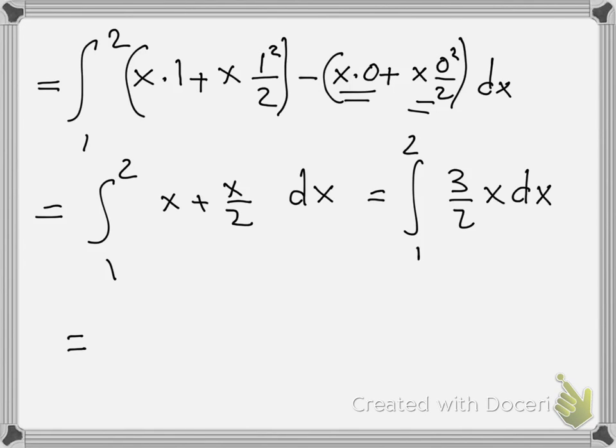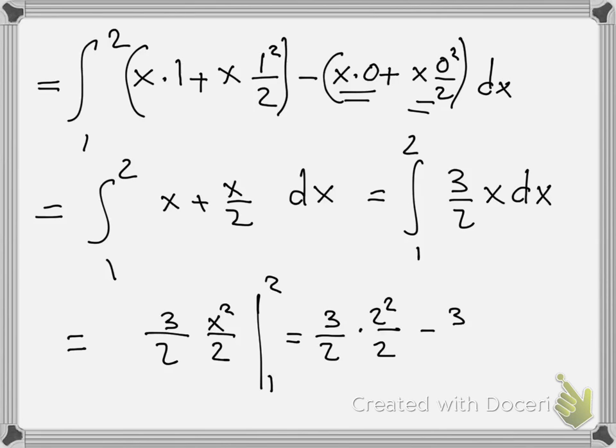So we have a constant 3/2. Integral of x, that will be x squared over 2. And we evaluate between 1 and 2. Okay, so you replace x by 2 as usual. So 3/2 times 2 squared over 2 minus 3/2 times 1 squared over 2.